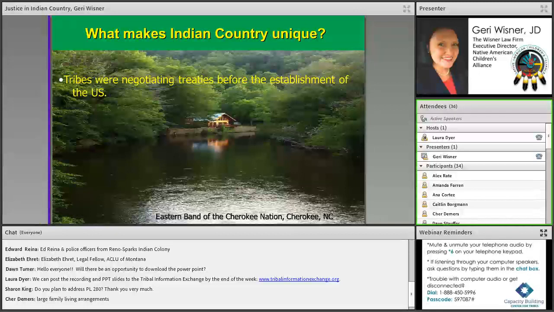But Indian country is unique because tribes were negotiating treaties long before the establishment of the United States. The first treaty was with the Delaware and France. I think that's also important to note. I personally was the first ambassador to the United Nations for the Muskogee Creek Nation.